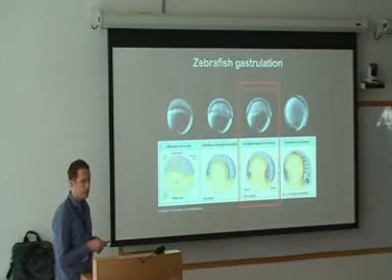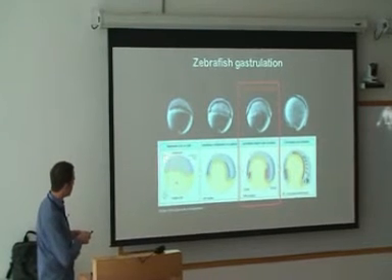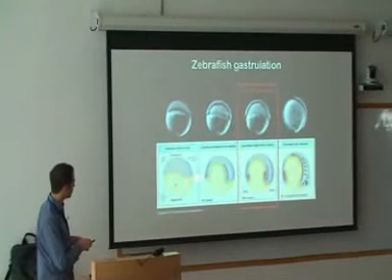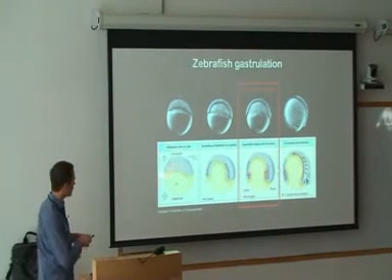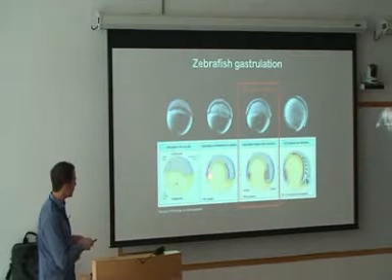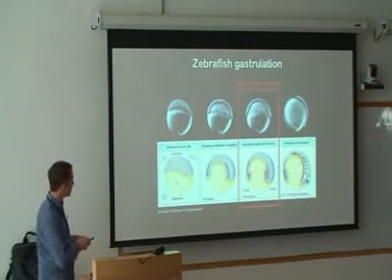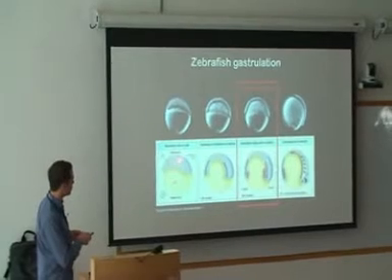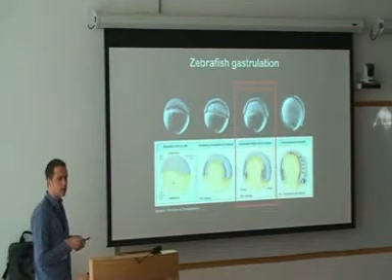There are a couple of cellular rearrangements which transform this cluster of cells into this elongated structure, which is the body axis. You're starting here with 1,000 cells sitting on top of this very big yolk cell, and the first type of movement the embryo has to do is spread the blastoderm over the yolk cell. This movement is commonly called epiboly. It's achieved by a very specific type of cellular rearrangement, in which cells deep within the blastoderm move up into more superficial layers, undergoing what is called radial intercalation.